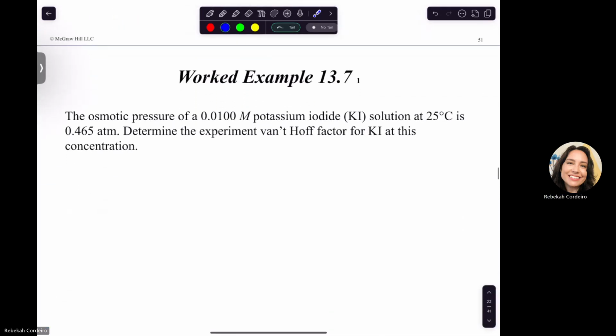So if we are trying to determine the experimental Van 't Hoff factor, I want to work this one through with you. Or I'll let you work on it, but let me give you a hint to start. Remember that your i is going to be your actual experimental concentration over your prepared concentration.